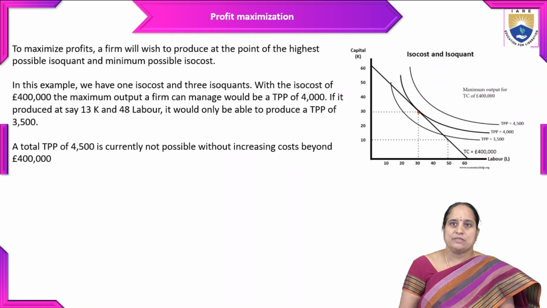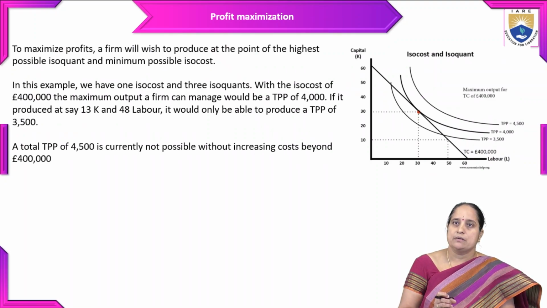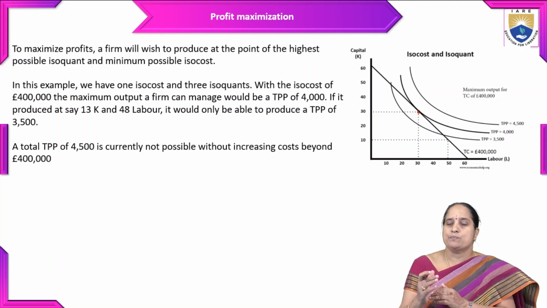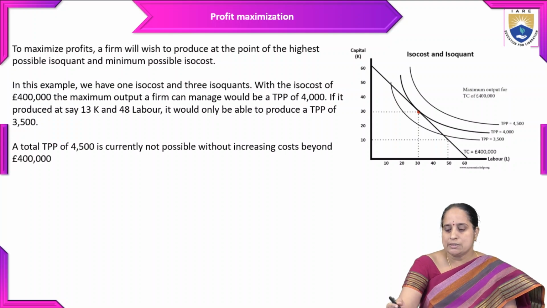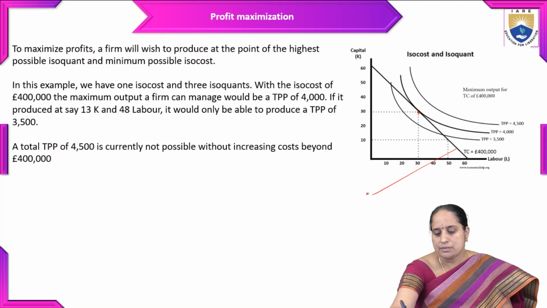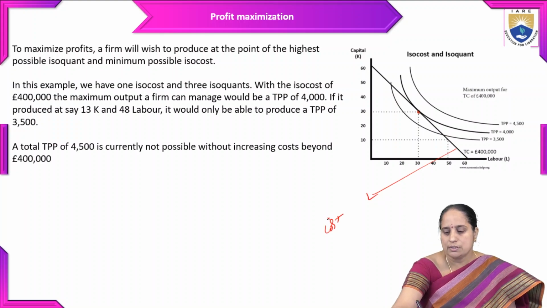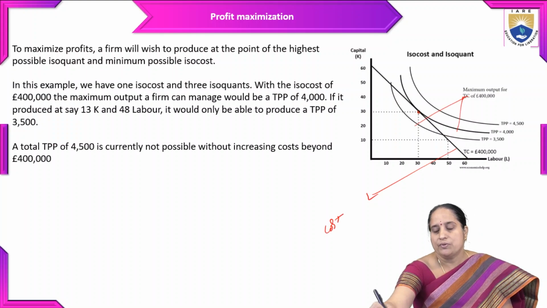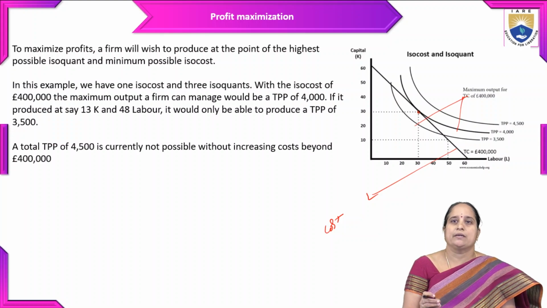Then, profit maximization. To maximize profits, a firm will wish to produce at the point of the highest possible isoquant and minimum possible isocost. So in this example, we have one isocost and three isoquants. This line represents the cost curve, isocost, and these three denote isoquants.